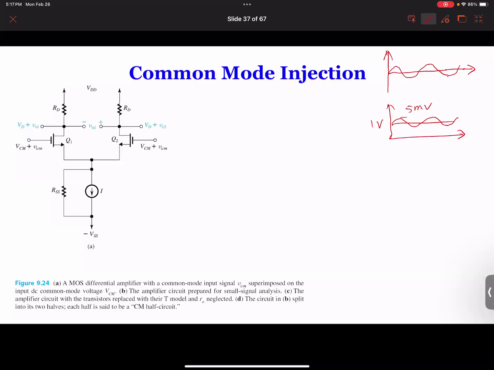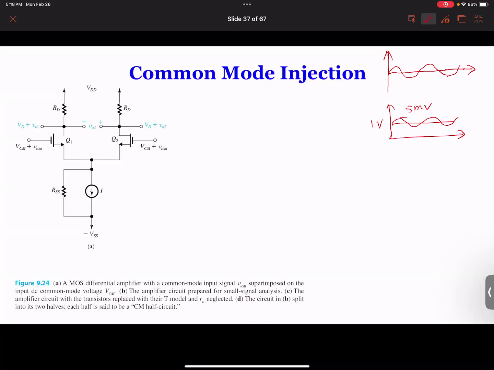That tolerance means you buy a resistor at 1K, it doesn't come with exactly 1K. Most of them will come to 1K, but it will be 1K plus 2% or 1K minus 2%. That is a 2% resistor. You can also buy a 5% resistor, which means it comes 1K plus and minus 5%. And you can buy a 1% resistor or 0.1% resistor. The higher the precision you have, the more expensive.